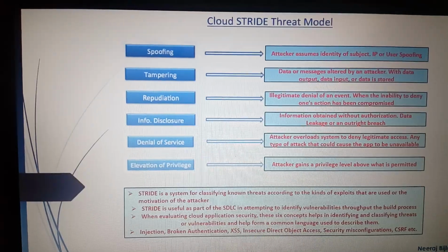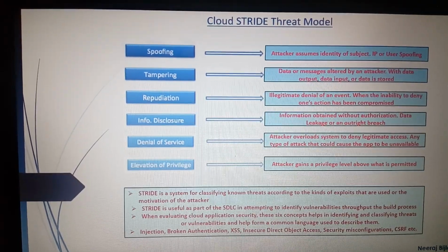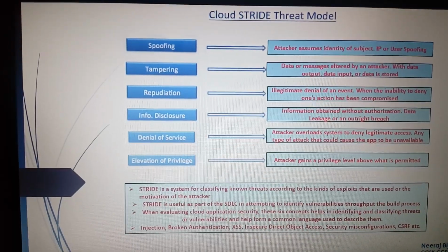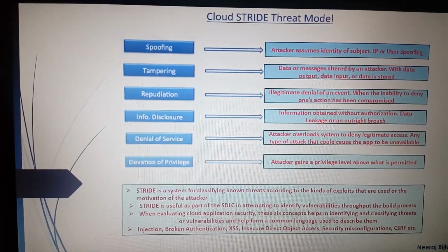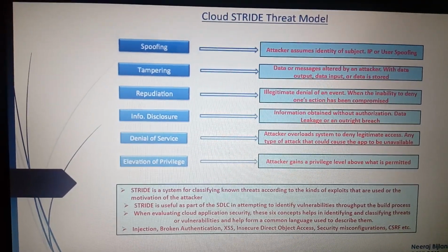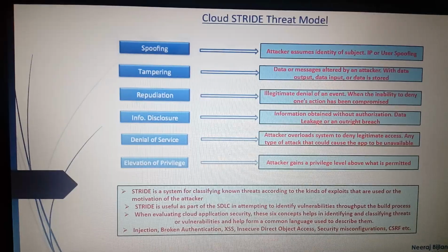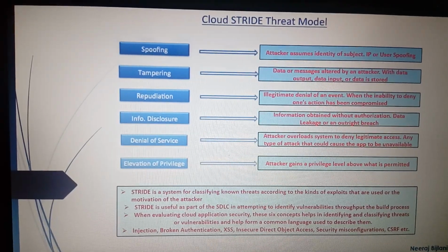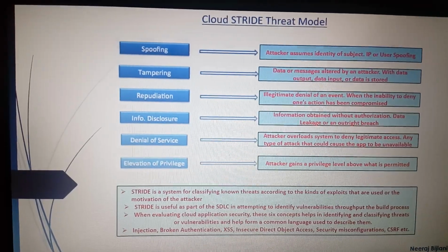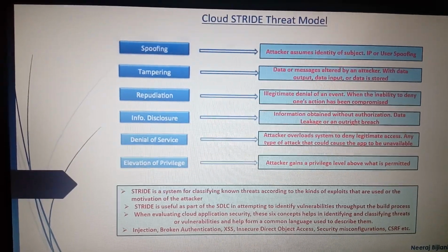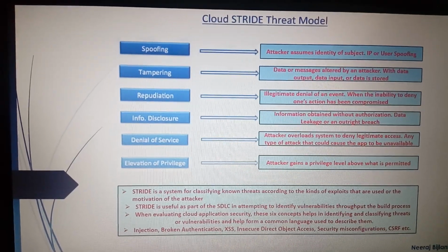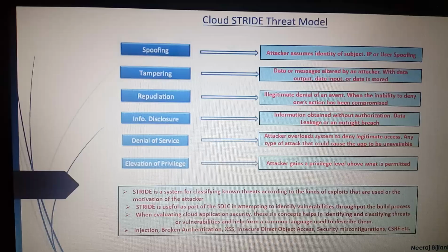It should be in accordance with the SDLC process to identify vulnerabilities throughout the build process of the applications. This will ensure that the application being developed in the cloud environment is completely hardened, with very minimal exploits for the motivation of the attackers, right?